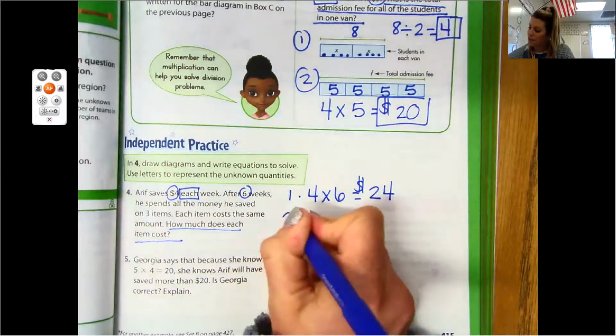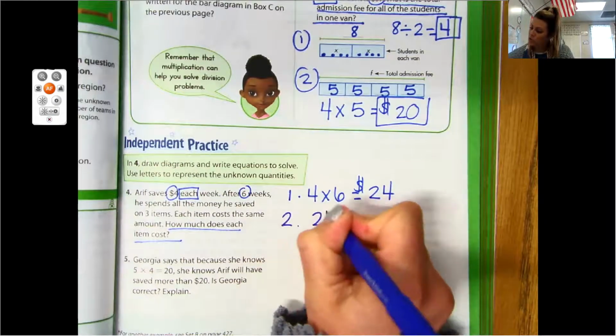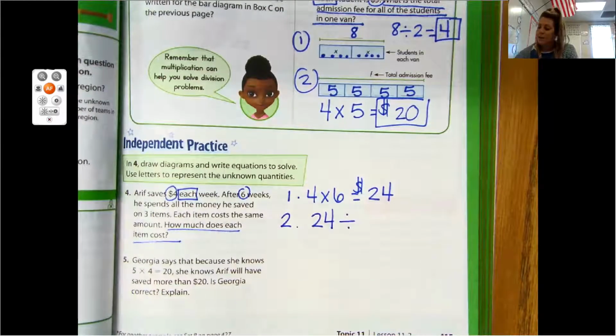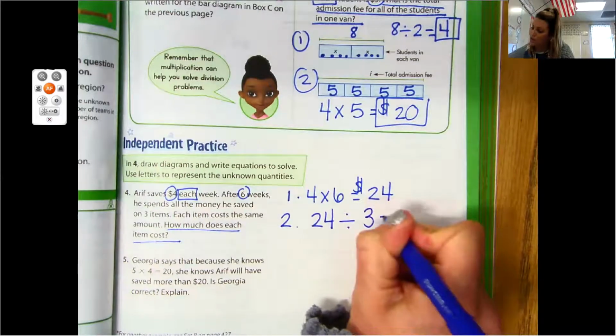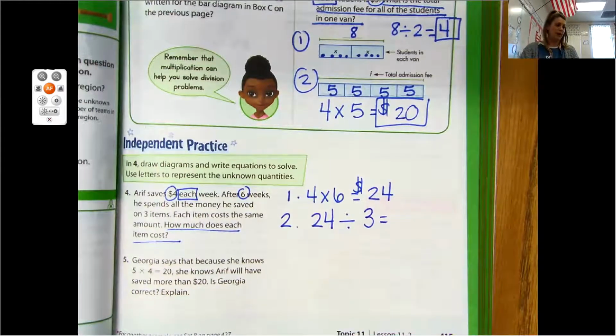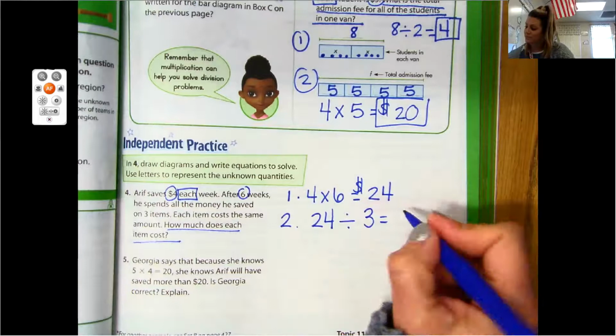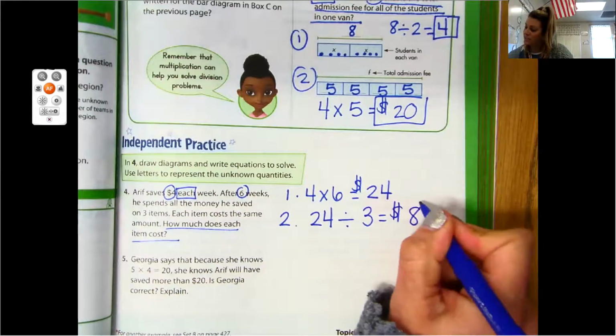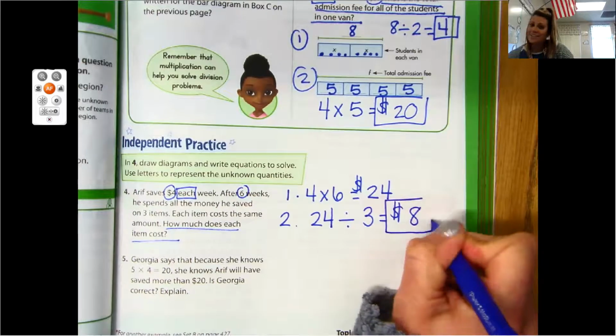So for step number 2, we've got 24, and we're going to divide it by 3, right? So what is 24 divided by 3? How much does each item cost? Go ahead and solve that. Each item costs how much, guys? $8.